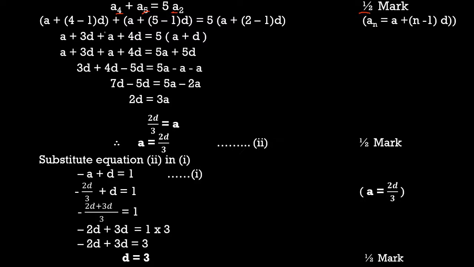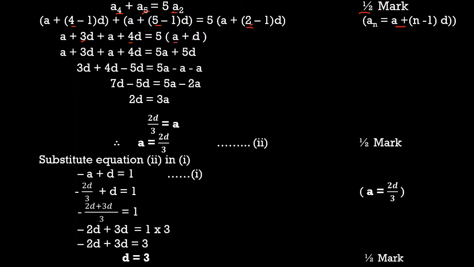Again, we use the formula An is equal to A plus n minus 1 into D. A plus n is 4 minus 1 into D plus A plus n is 5 minus 1 into D is equal to 5 into bracket A plus n is 2 minus 1 into D. A plus 4 minus 1 is 3 into D plus A plus 5 minus 1 is 4 into D is equal to 5 into bracket A plus 2 minus 1 is 1 into D.